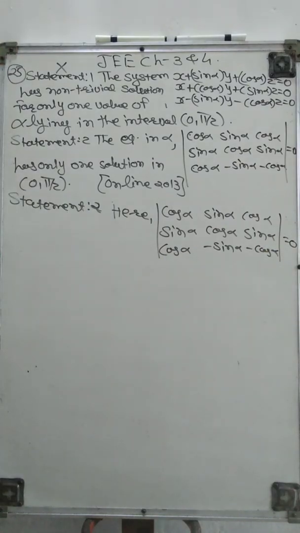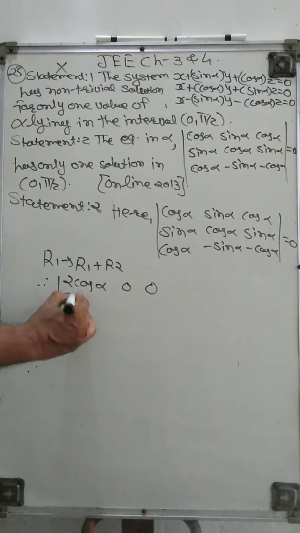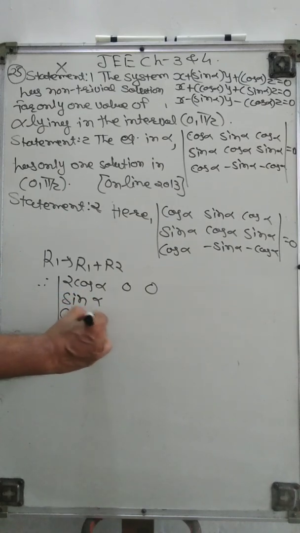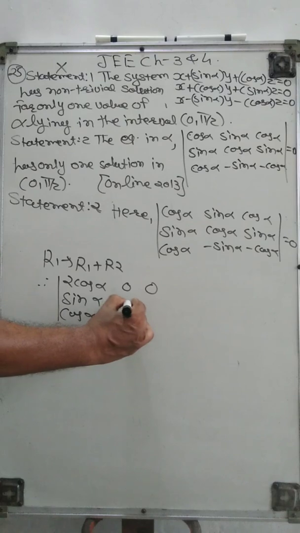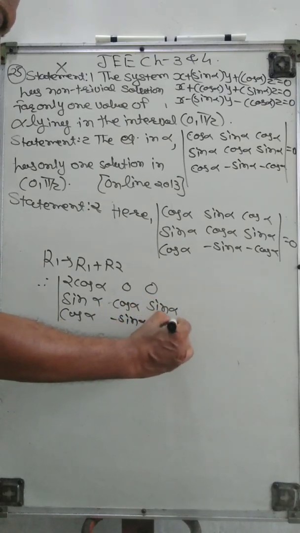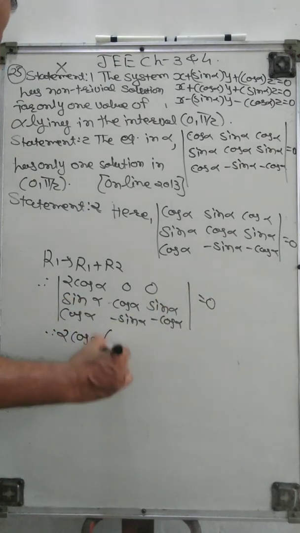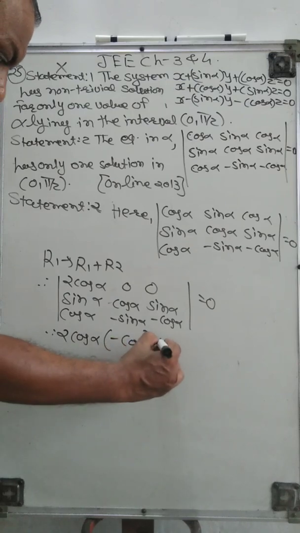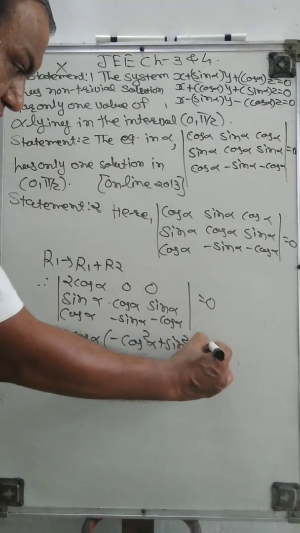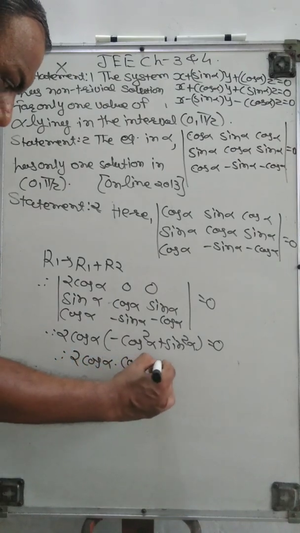Now we take R1 to R1 plus R2. We get 2 cos alpha, 0, 0 in the first row, then sin alpha, cos alpha, sin alpha and minus sin alpha, minus cos alpha, and this will be 0. Therefore 2 cos alpha into minus cos square alpha plus sin square alpha is 0. Therefore 2 cos alpha into cos 2 alpha is 0.